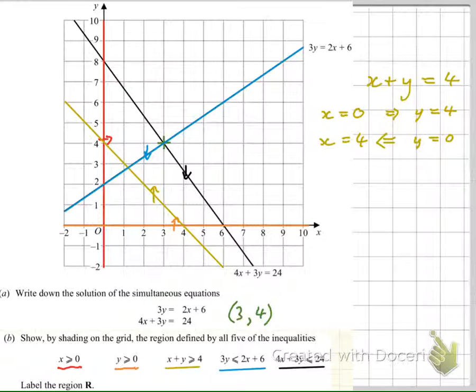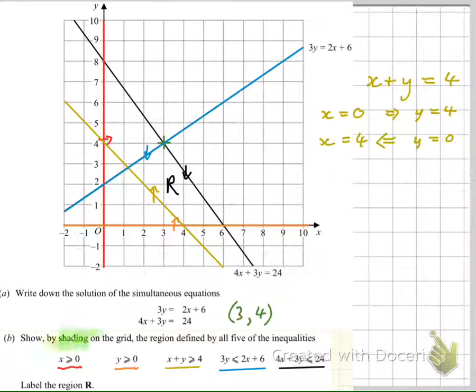So looking at all of the arrows together, it's pretty clear then that the only place on that diagram where you can satisfy all 5 of the inequalities is there, where I've labelled it R, as it says here at the bottom in the question.